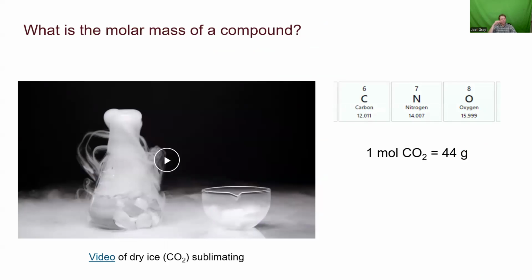Now, what is the molar mass of a compound? We previously talked about what makes up a compound. For instance, carbon dioxide, CO2. There are 2 oxygens for each carbon. Now, what we have here is the total mass. If you have 1 mole of carbon atoms, that would be a mass of 12.011.